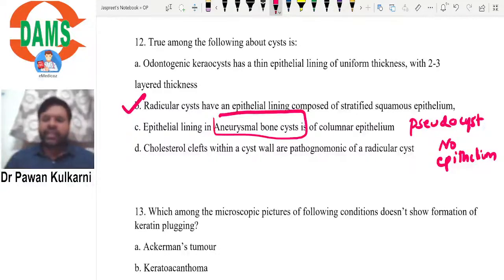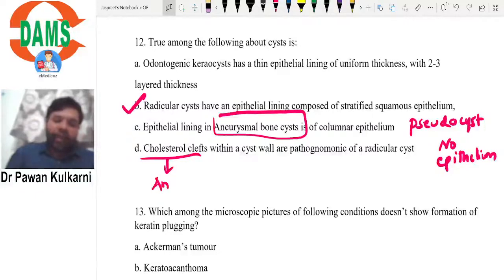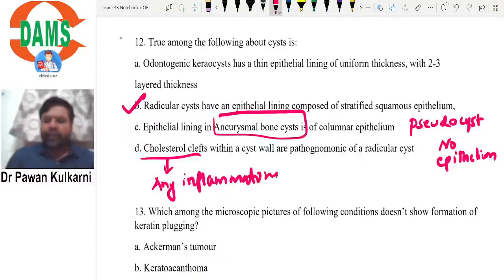Cholesterol clefts within the cystic wall are pathognomonic of radicular cyst. That means whenever you see cholesterol clefts within the wall, it is always suggestive of radicular cyst. No, that's wrong, because cholesterol clefts can be seen in any inflammatory condition. It is not seen only in radicular cysts.